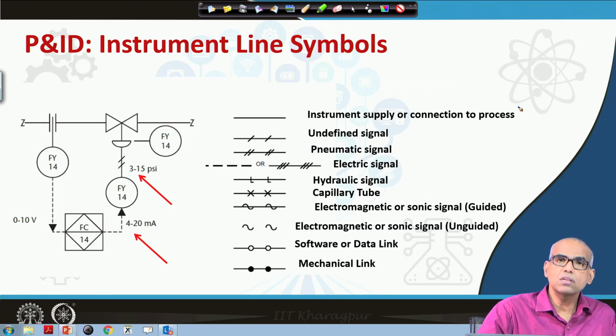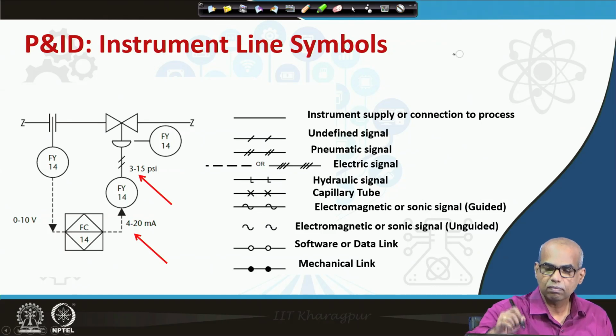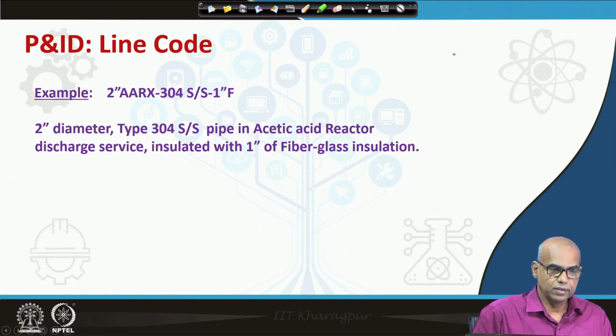So, if your control system uses a pneumatic control valve as well as transmitters which transmit, say, 4 to 20 milliampere current, your diagram will have both electrical lines as well as pneumatic lines. So, you must be familiar with the corresponding lines.